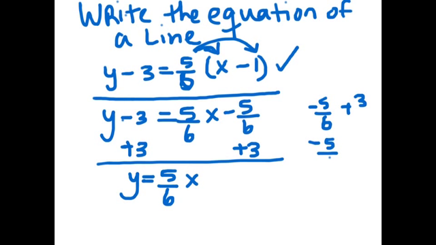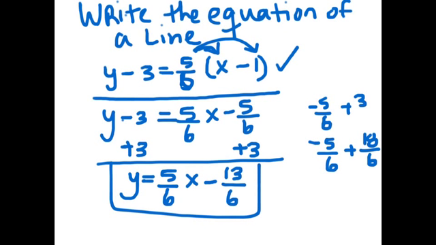That's -5/6 plus 18/6. So that's -13/6. Now this is the equation in slope-intercept form, and this is the equation in point-slope form. Both are correct, just depends on what they're asking for.